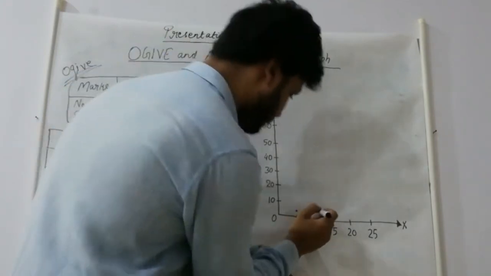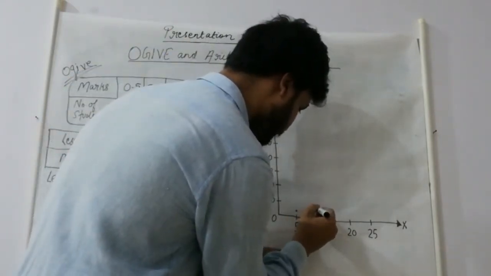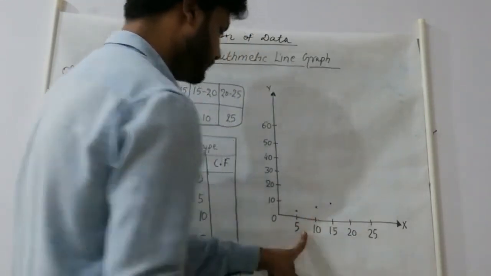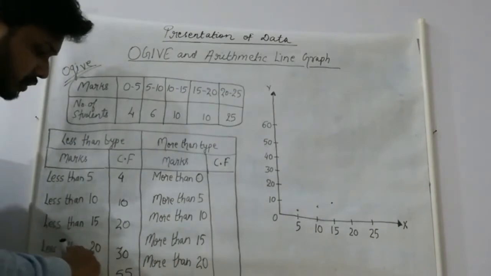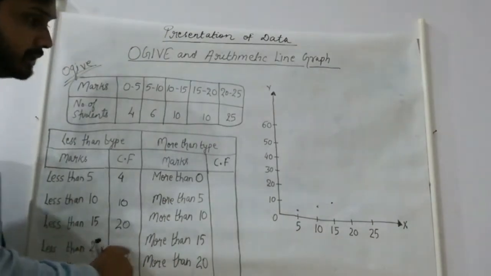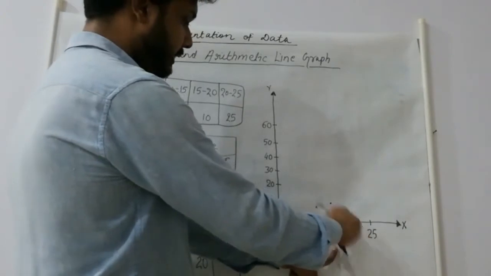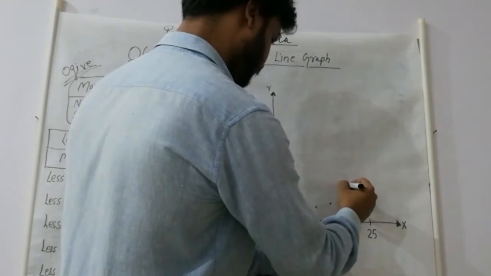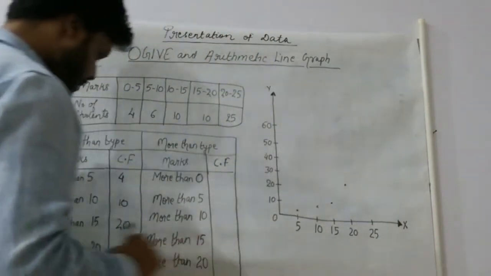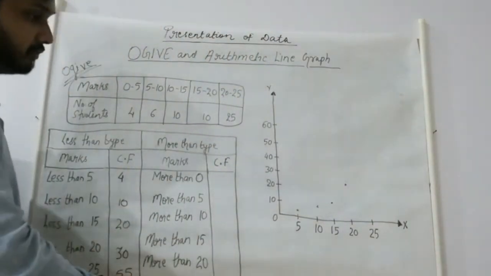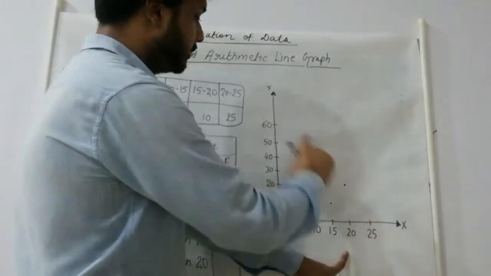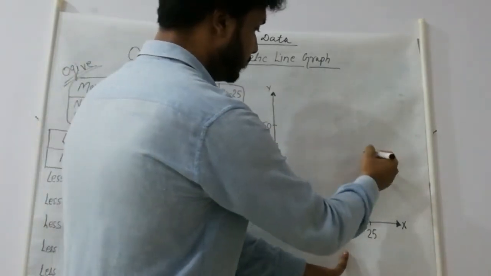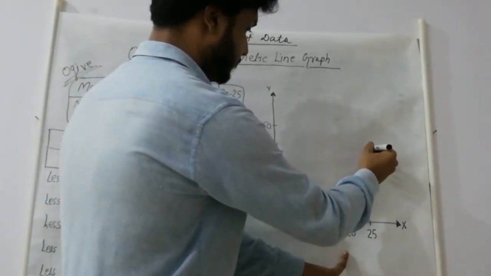Then it is less than 20, how much it is? 30, so less than 20 we will point at 30. Clear? Less than 25 it is 55, so at 25 we will make a point at 55. It is 60, it is 50, so a mid of this will be 55, approximately here it will be.